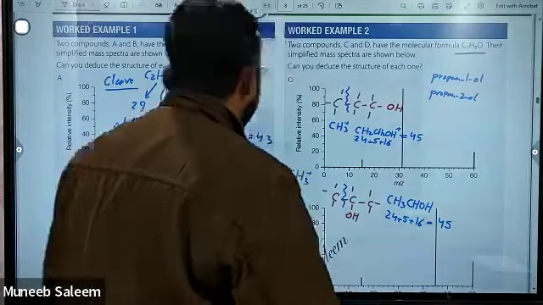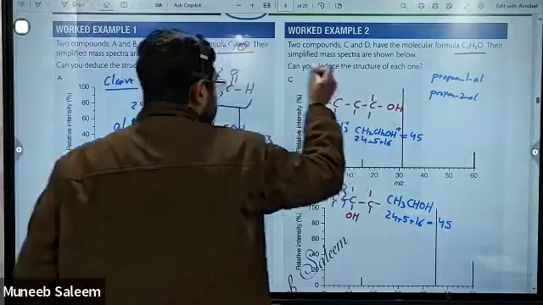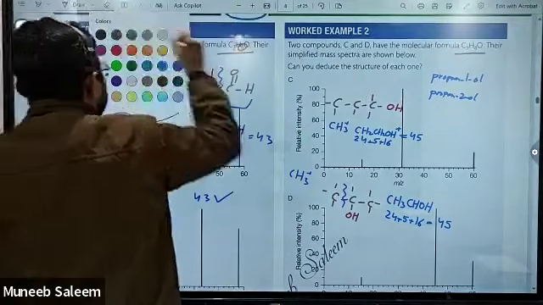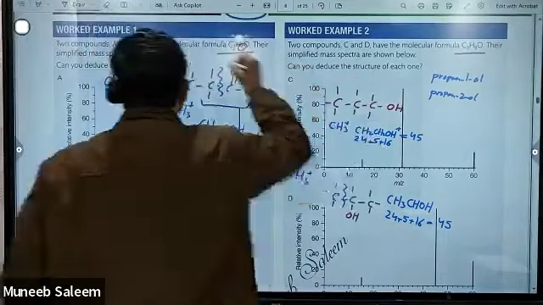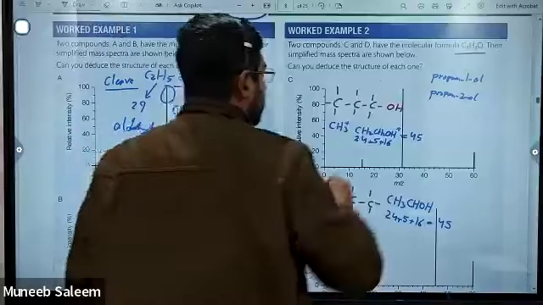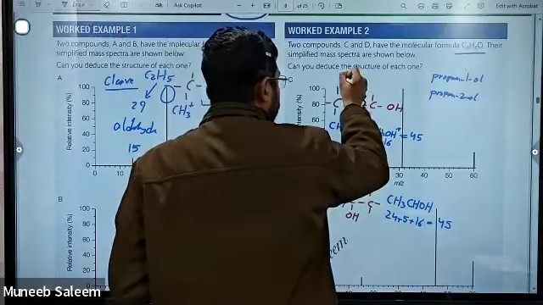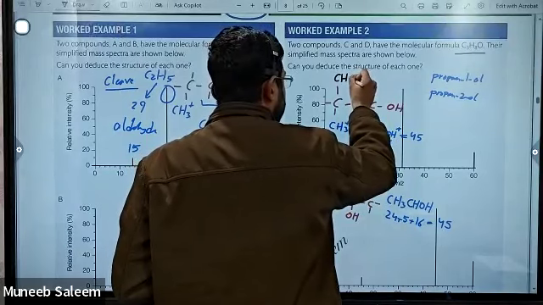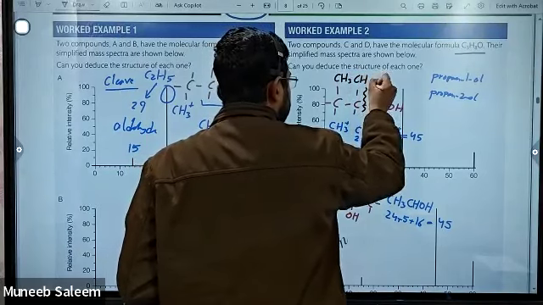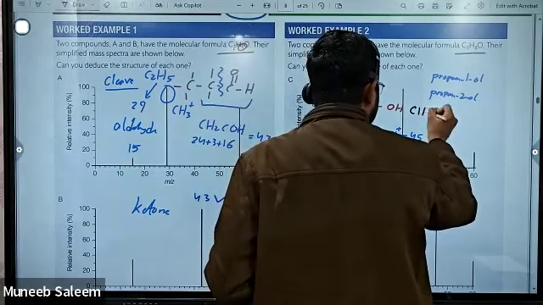However, we can now try to find the fragment from any other portion. Now I will fragment this molecule from here. This will provide me CH3CH2, which is the ethyl cation, and the other part will become CH2OH.